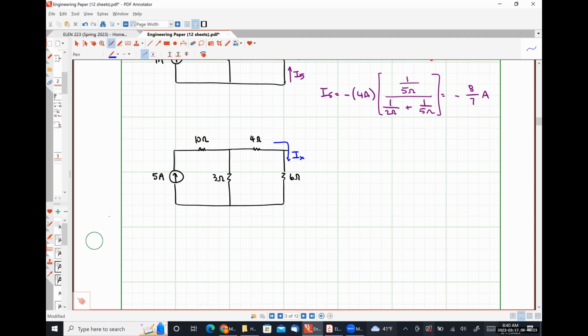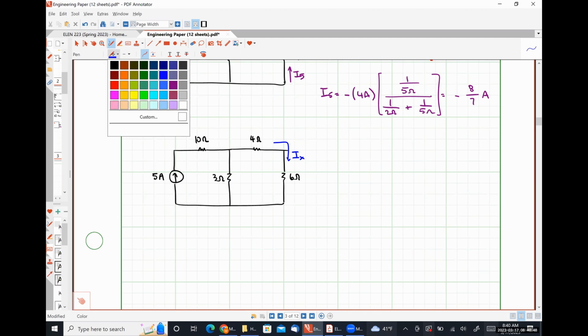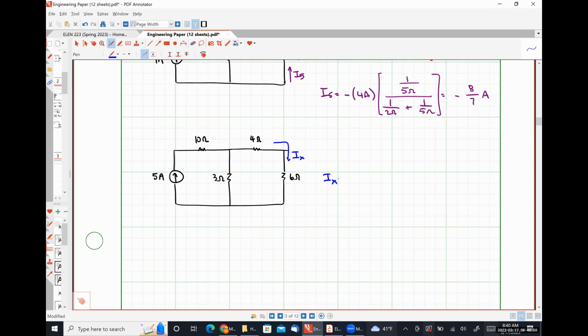So the reason that we can apply current division is because that 4 in series with 6 is in parallel with the 3, right? So we can do effectively resistor combination, much like we did using voltage division a little while ago, to make this look like there's a known amount of current flowing into a parallel resistor combination. So let's start with the ratio of resistances here.